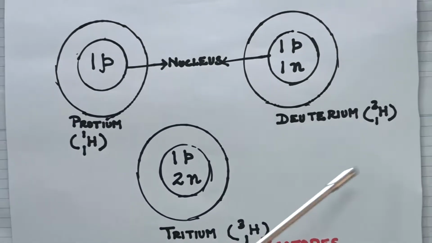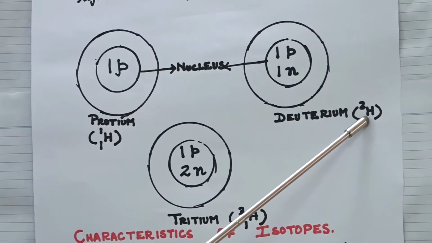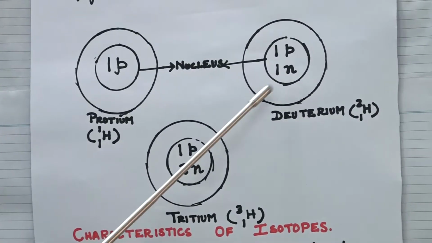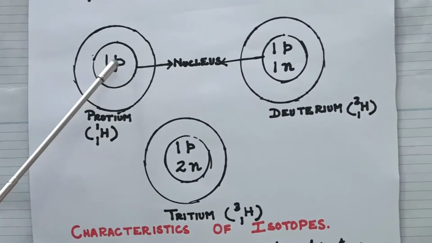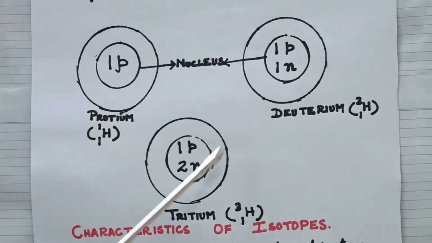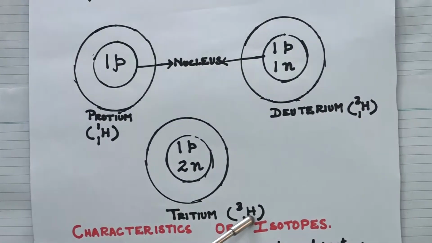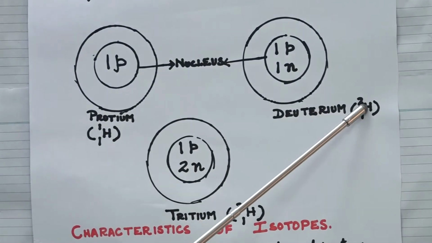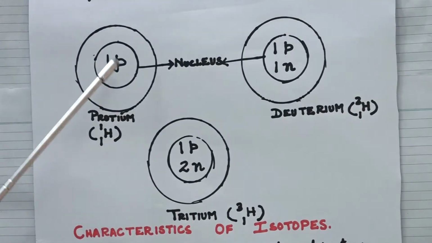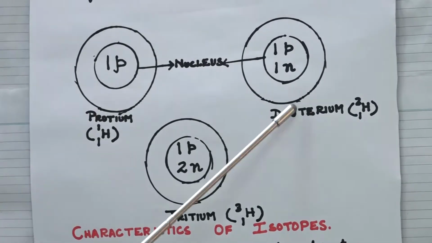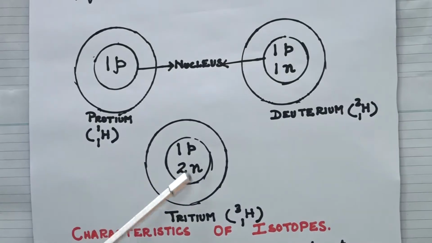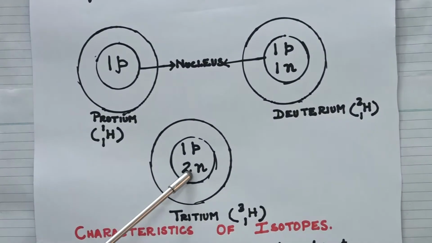Each of them contains 1 proton in the nucleus. However, as the number of neutrons is equal to mass number minus atomic number, they differ in the number of neutrons. Protium has 0 neutrons, deuterium has 1 neutron, and tritium has 2 neutrons.